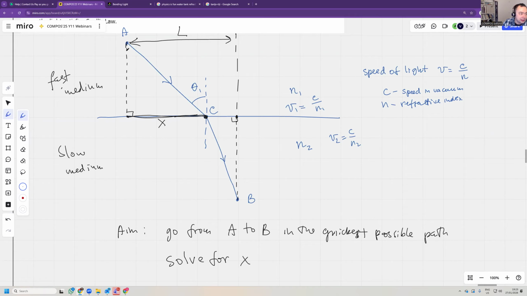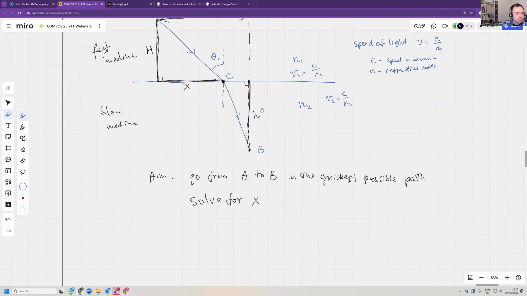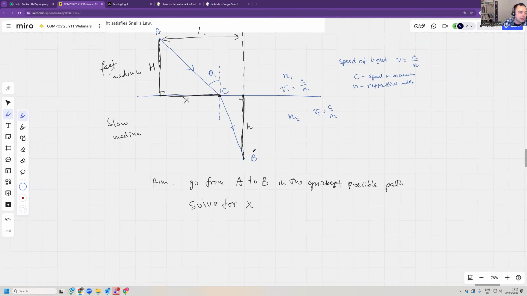This distance, let's call it h capital, and this would be h small. Do we actually need it? Maybe. Doesn't really matter.